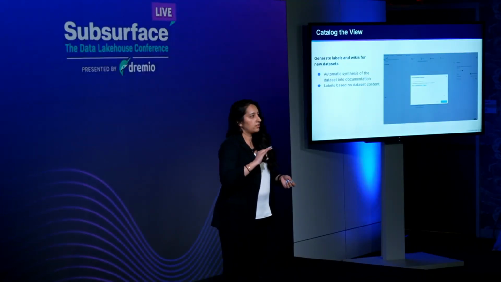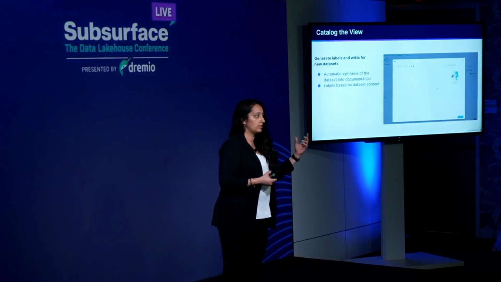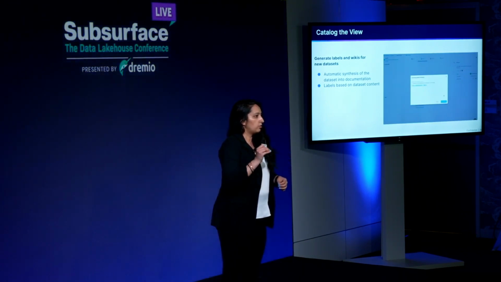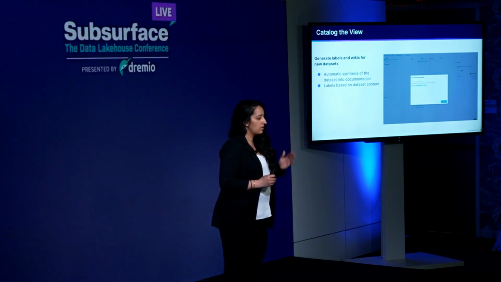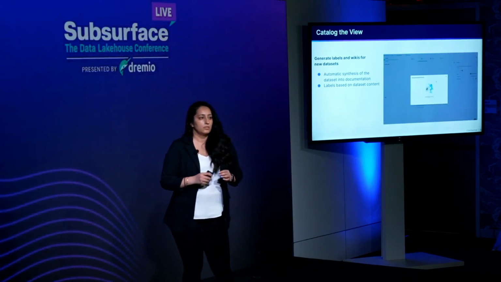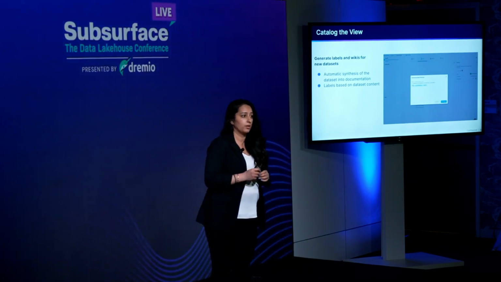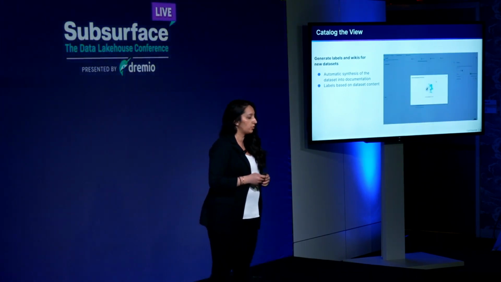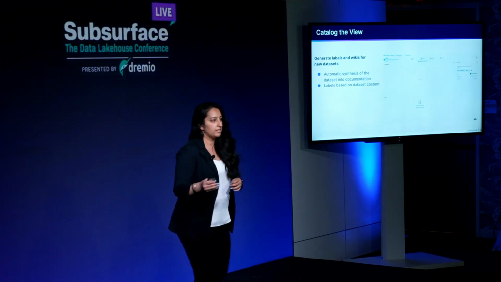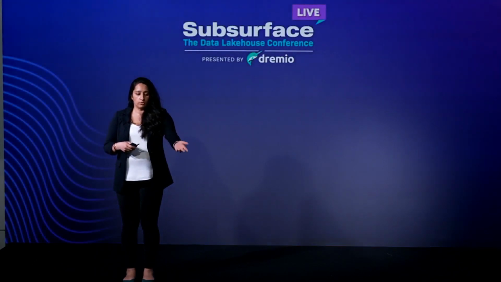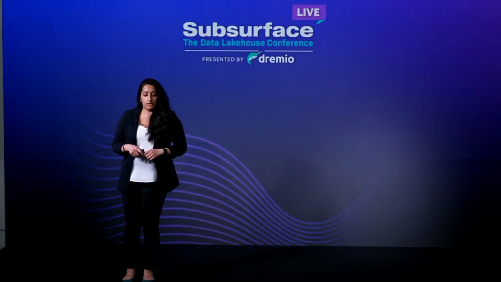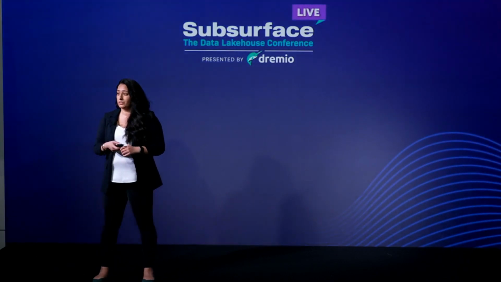Again, the descriptions that you have, the labels and the tags that you add are critical for powering all the other experiences, right? Search revolves around this. When we're talking about proper labels, there are so many things that revolve around that as well, right? If you have a label for PII data, that's a key identifier in sensitive data. And with generative AI and being able to create consistent labels across all the data sets in your semantic layer, you can actually have a lot of value in that, right?